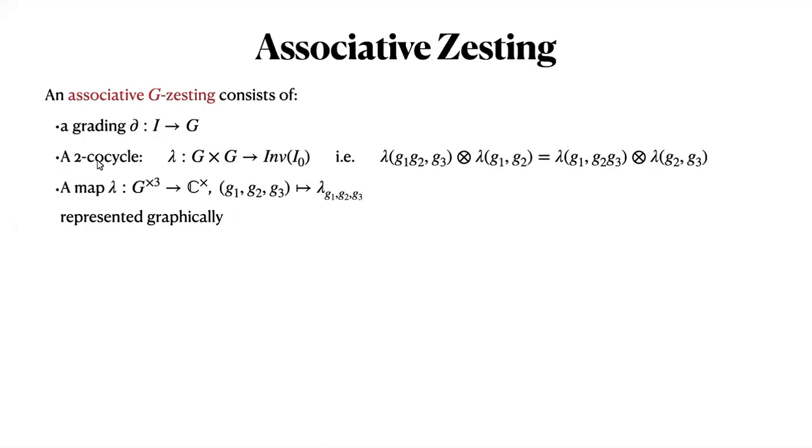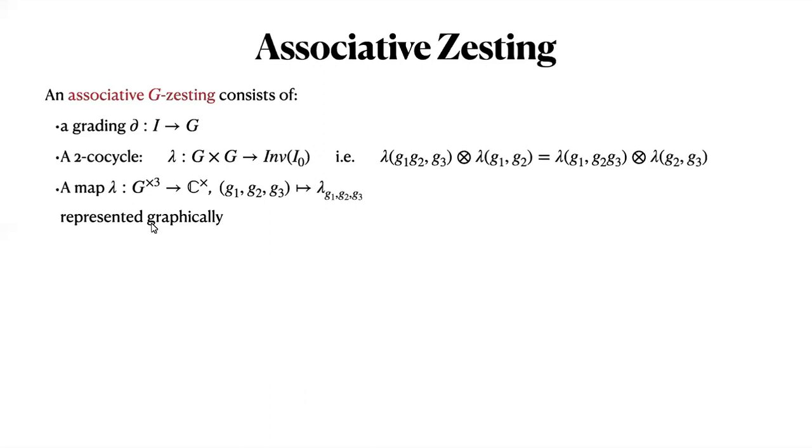And here, it is a 2-cocycle that takes values in the invertible objects graded by the unit, I mean, trivially graded if you want. And by 2-cocycle, I mean that it should satisfy this equation.